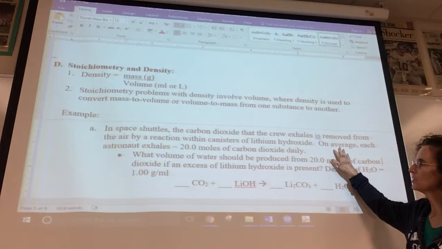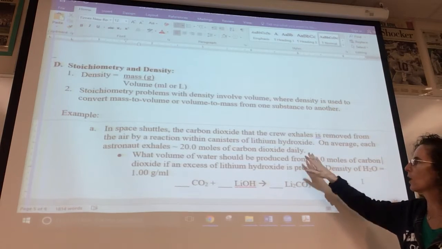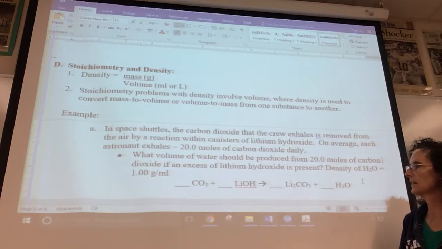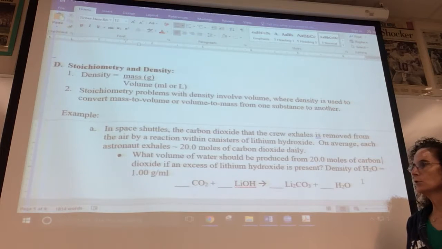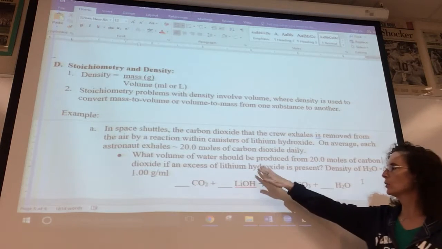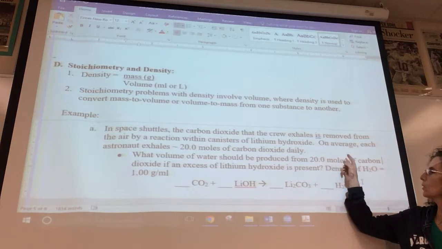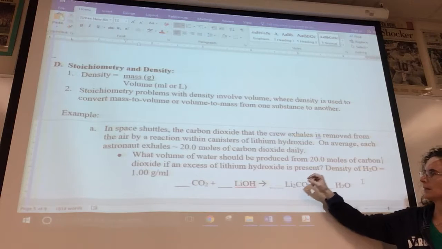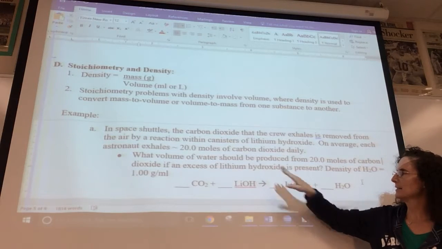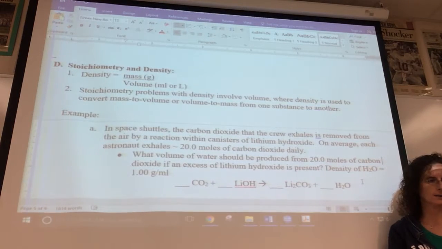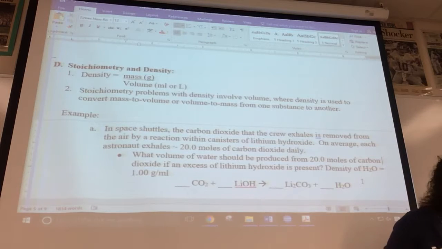On average, each astronaut is going to exhale approximately 20 moles of carbon dioxide daily. And we want to know what volume of water should be generated when 20 moles of carbon dioxide react with an excess of lithium hydroxide. The density of water we know is 1 gram per mil, and we will use that.